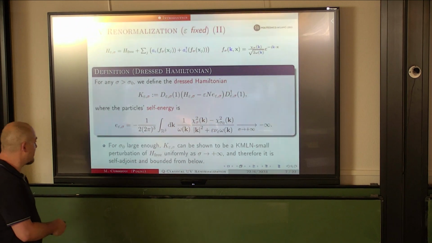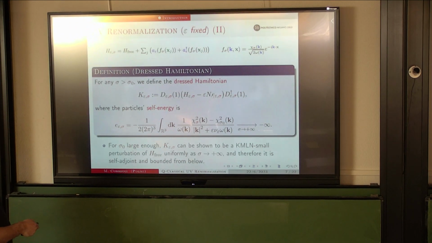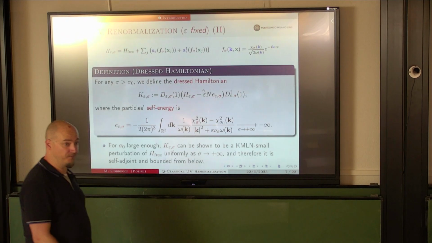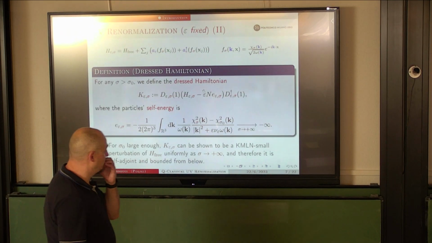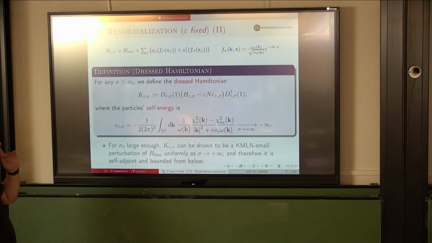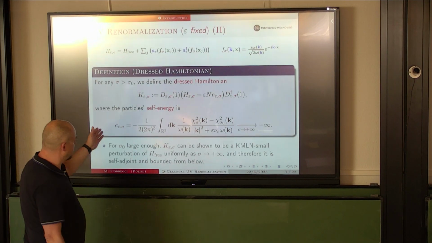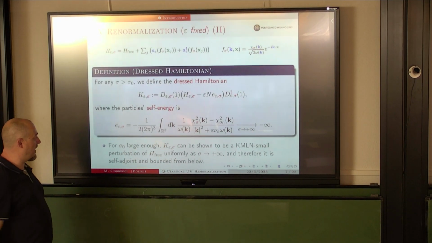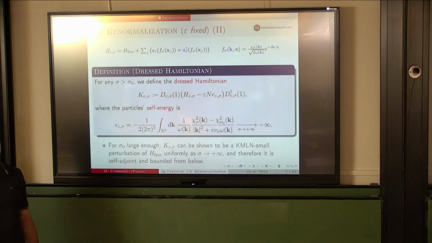Here it is. That's the self energy, and it gets multiplied by the number of particles, which is fixed, and this parameter epsilon. You can simply copy that from the Nelson paper, exactly what you get out of it.